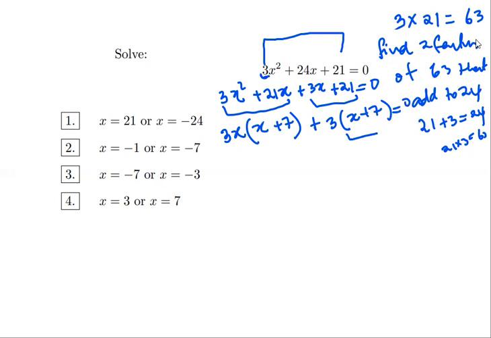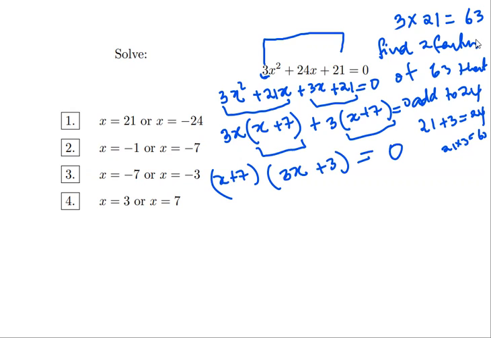Lo and behold, these two terms here are the same. So we can pull out an x plus 7. And what do we have left? If we pull out an x plus 7 here, we get a 3x here. And if we pull out an x plus 7 here, we get a 3, which is equal to 0.